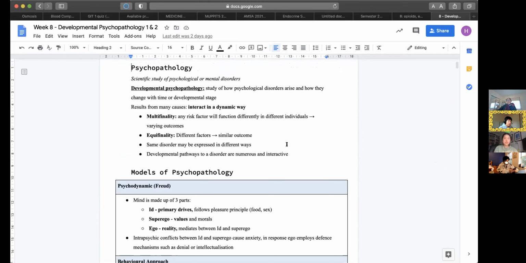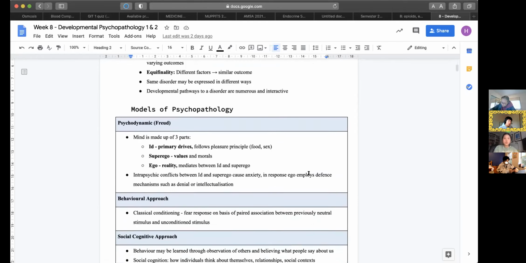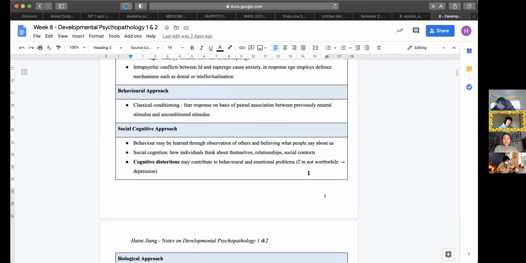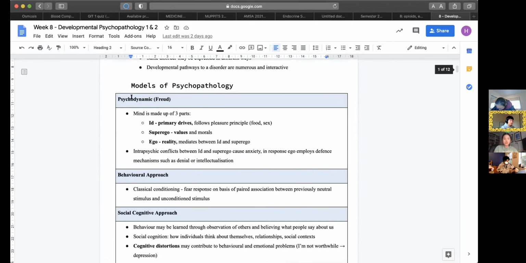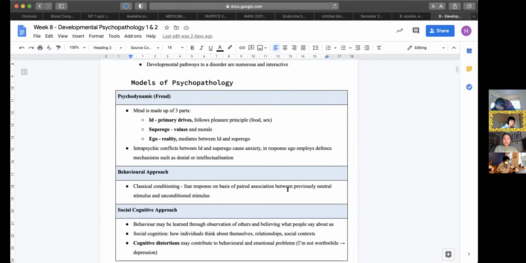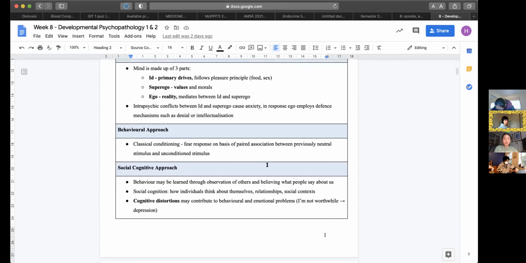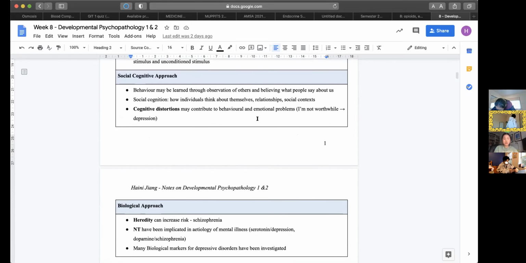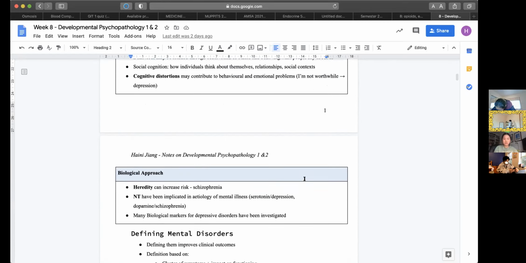We can conclude that it's not one specific cause, but a range of different things that interact. So we've got 4 models of psychopathology. You've got your psychodynamic, which is Freud. You've got your behavioral approach, social cognitive approach, and biological approach.